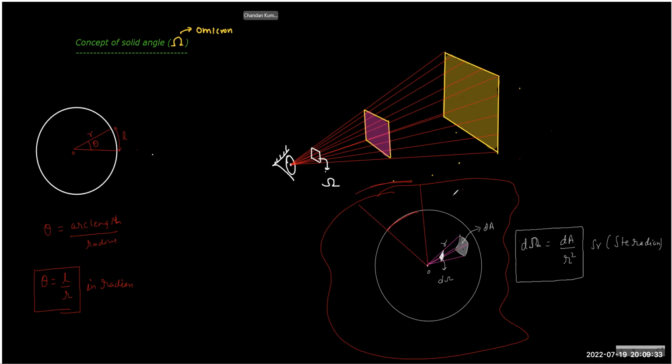If I consider all such areas, eventually it will subtend same as the sphere, no? So the shape doesn't matter. As long as it is closed and as long as it is inside, the total solid angle is bound to be 4 pi.